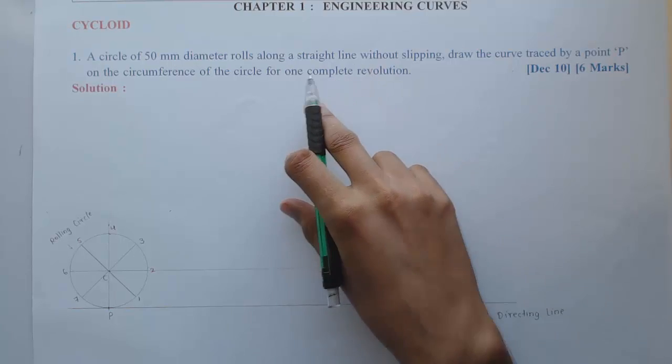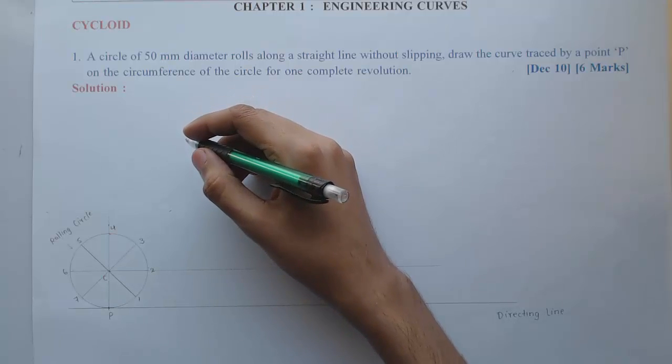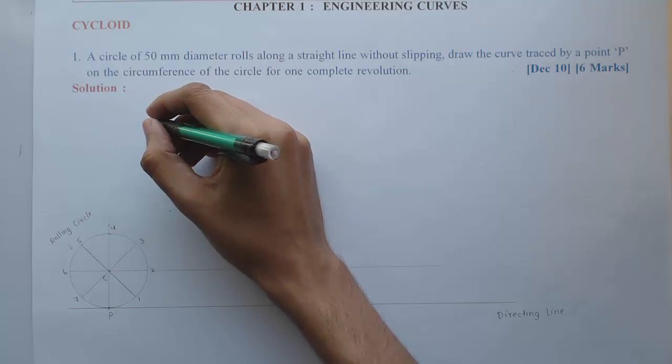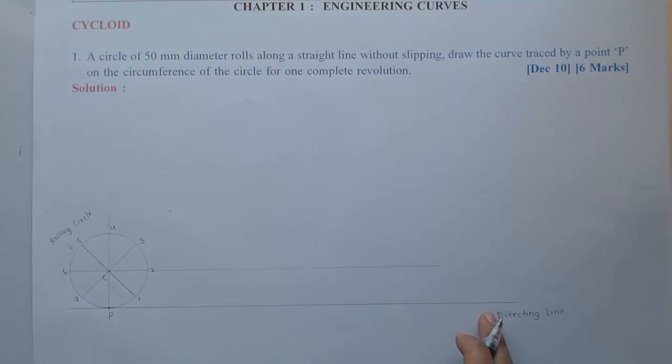So for a 50 mm diameter, the circumference is 2 pi r, which is equal to pi d. So I can calculate that: 3.14, which is pi, times d, which is given as 50. That gives me 157.